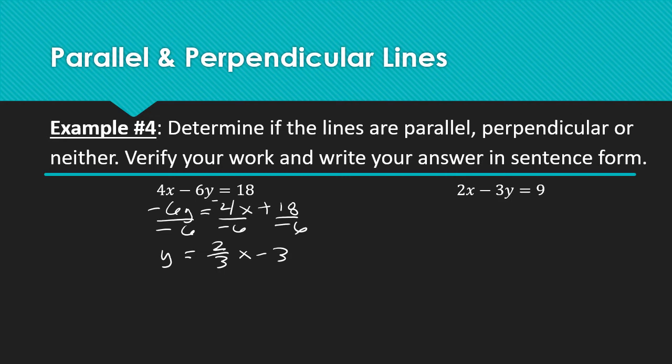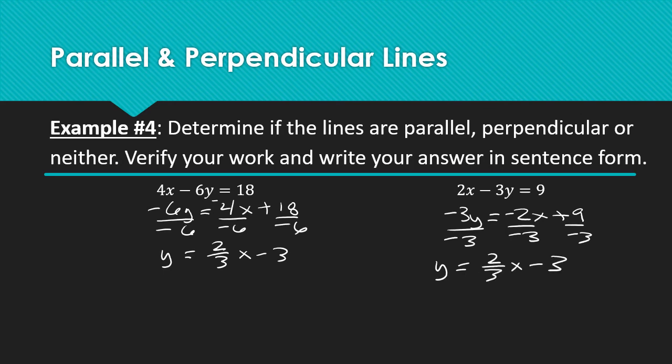Coming over here and doing the same thing, if I solve for y, I get negative 3y equals negative 2x plus 9. Divide everything in here by negative 3, and y equals 2/3 x minus 3. So actually, when I look at these equations, not only do they have the same slope, but because the y-intercept is the same, they're actually the same exact line.